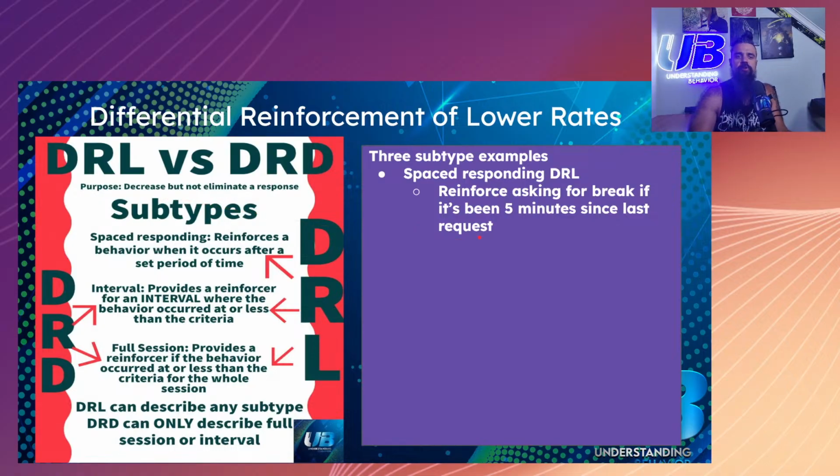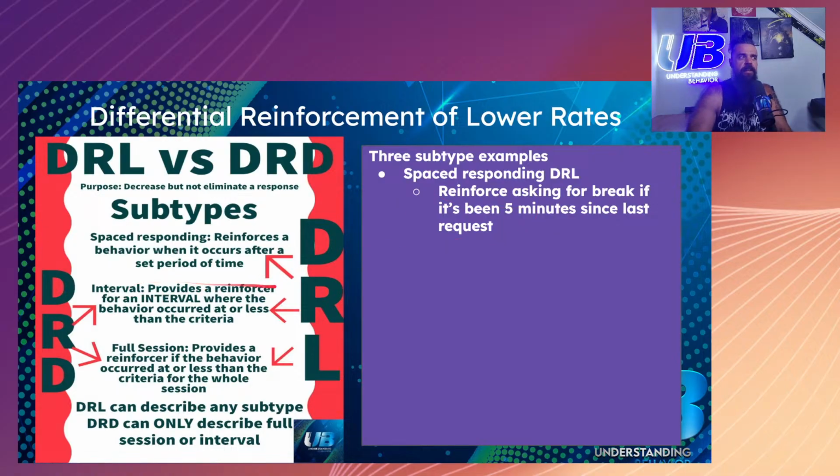If it's a shorter IRT, then they're not going to receive that reinforcer. But if it's a longer IRT, then we will reinforce that behavior. Yeah, for sure, these are just examples. The procedures are flexible to be used for many different kinds of behaviors. So that's our spaced responding DRL.